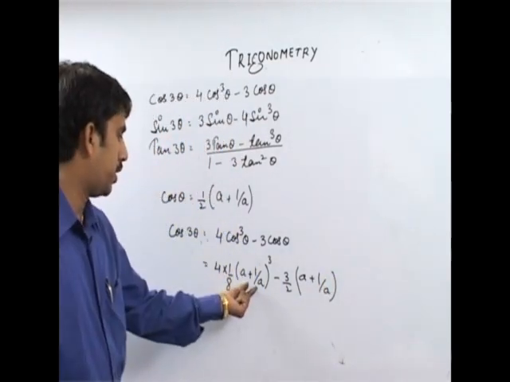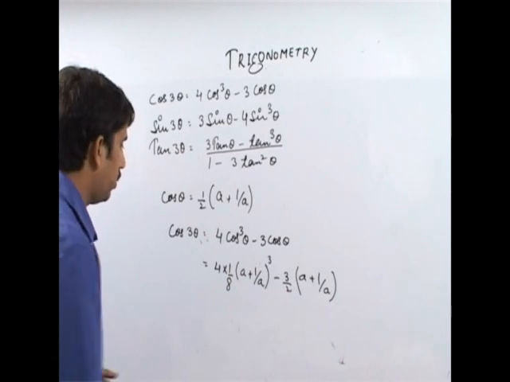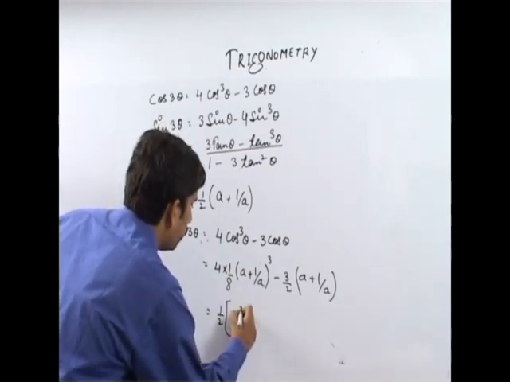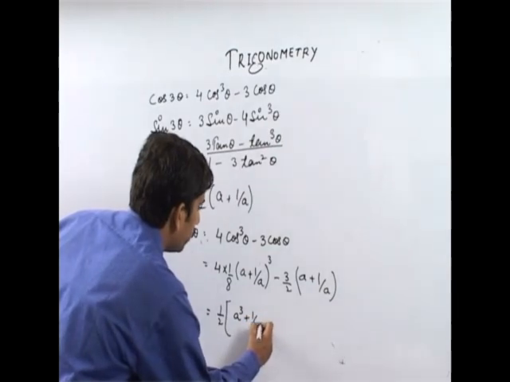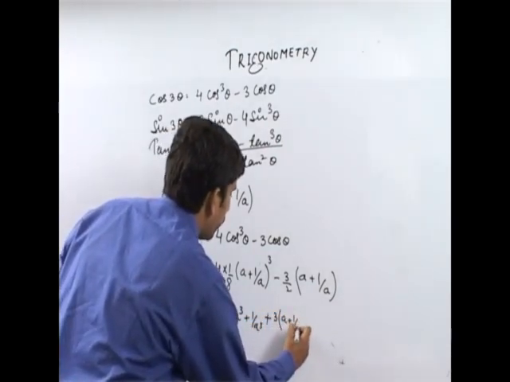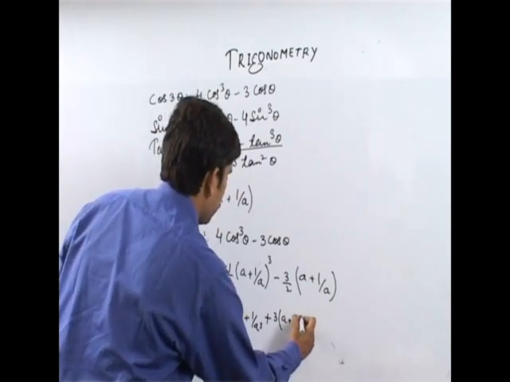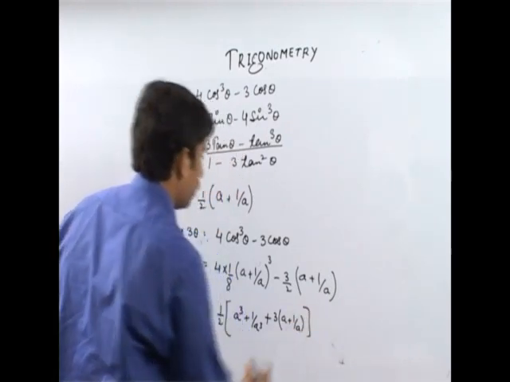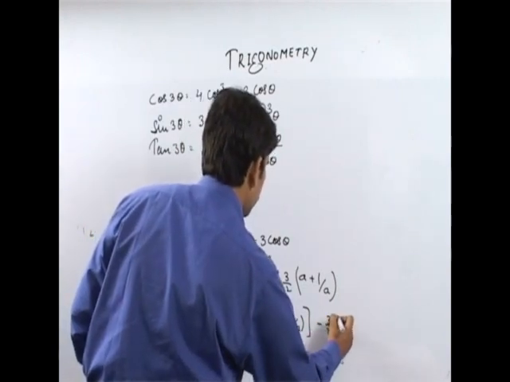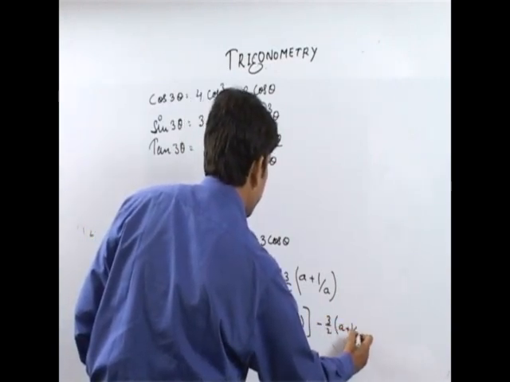Now a plus 1 by a whole cube, formula is a cube plus 1 by a cube plus 3 into a plus 1 by a, minus 3 by 2 a plus 1 by a.